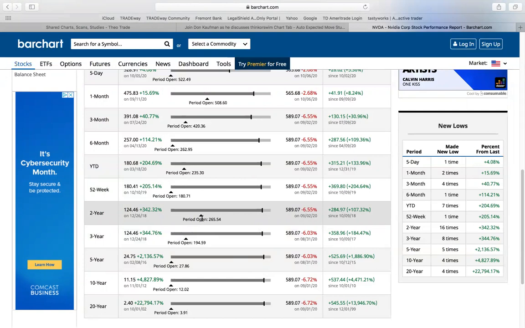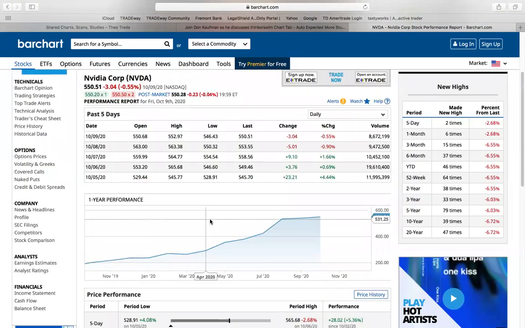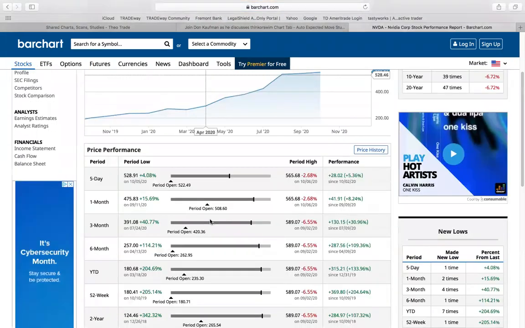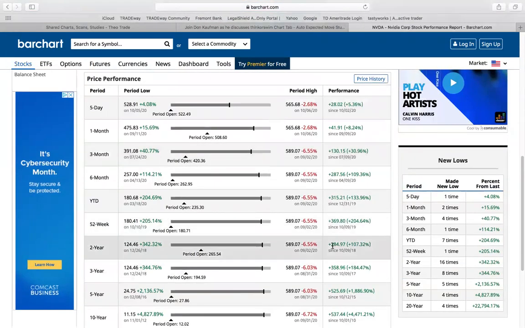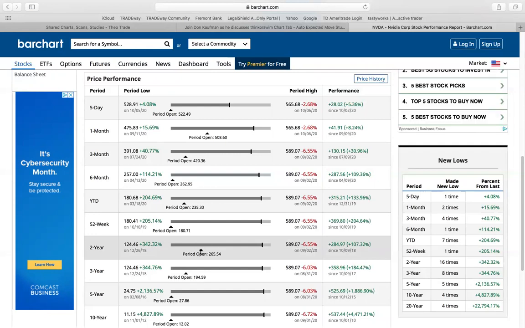So 2 years ago, the price was at 265, today's price is 550.51, and the performance from the 2-year-ago point to today is $284.97. So it's not basing it off the period high, the all-time high for the 2-year period. It is basing it off of where the period started 2 years ago and its price today.